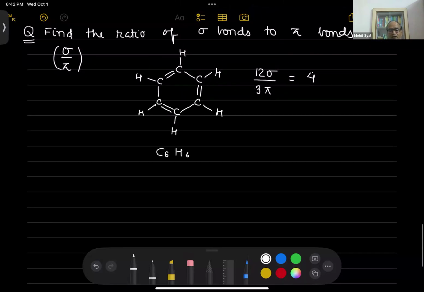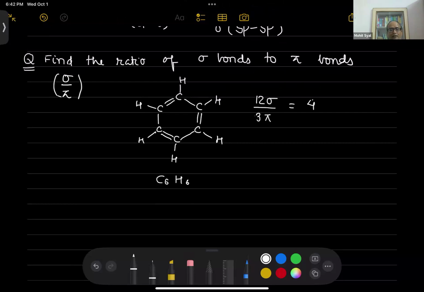Normally, the structure which I have written, I am also telling you one more thing. The structure which we have written is known as the detailed structural form. And you may have drawn this in your class 10th also.